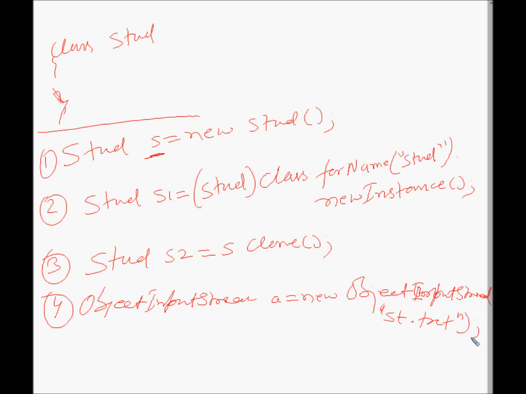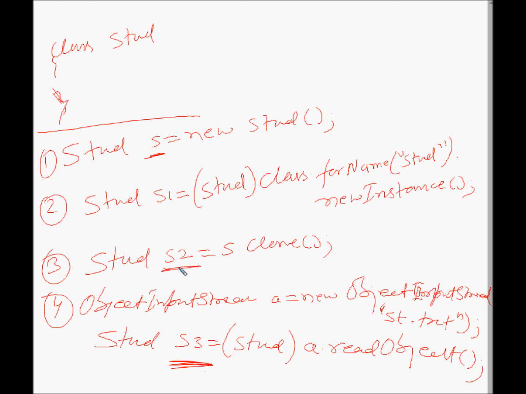Close it. Now I'll say Student s3 equals, I'll typecast to Student, and then a.readObject. So one object is ready here, another object is ready here, right? These are the several ways to create an object.